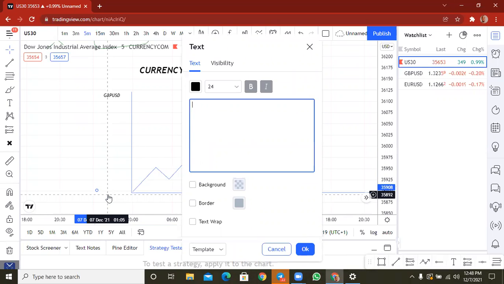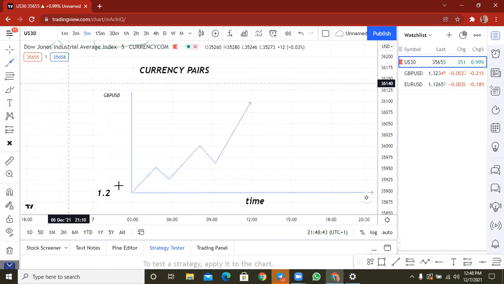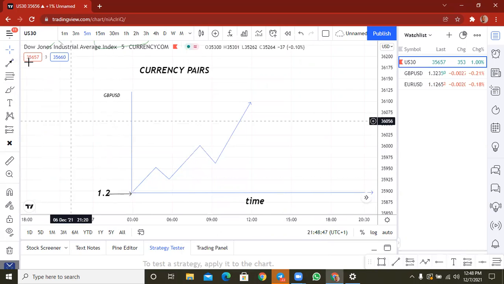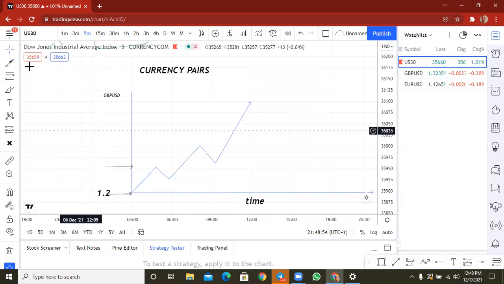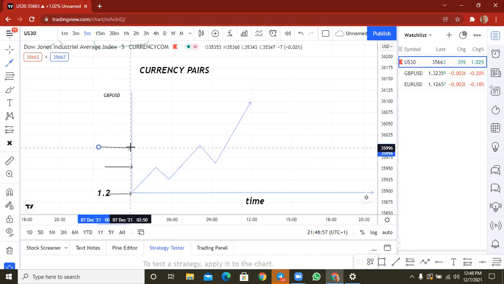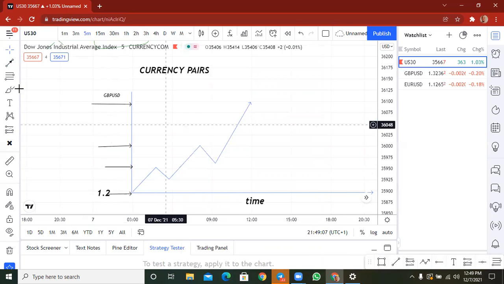So yeah, right here I can put something like 1.6, right?